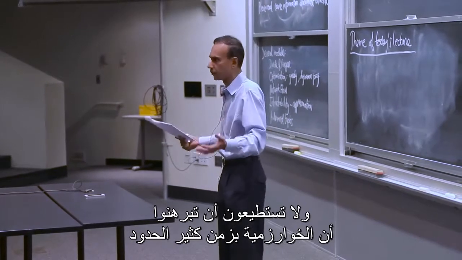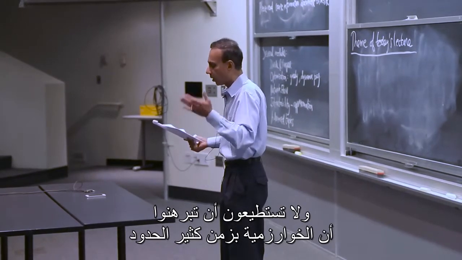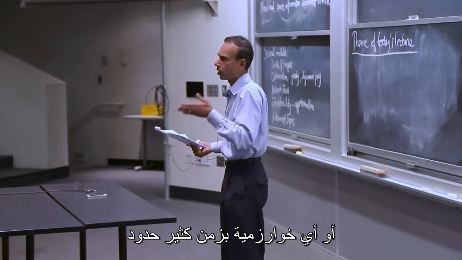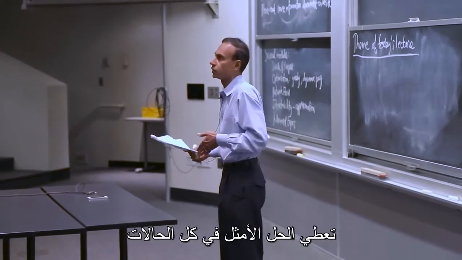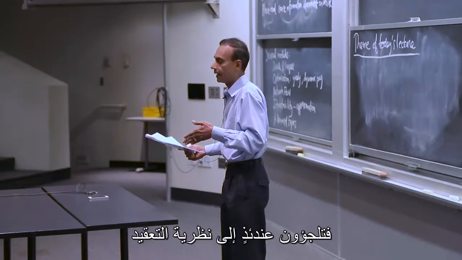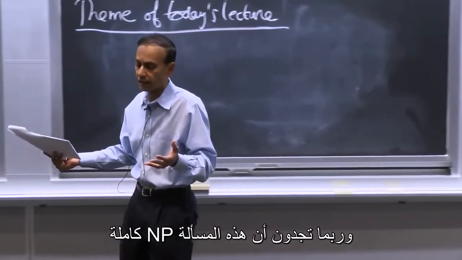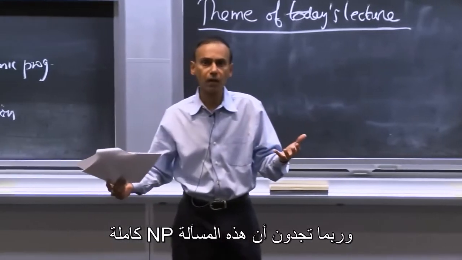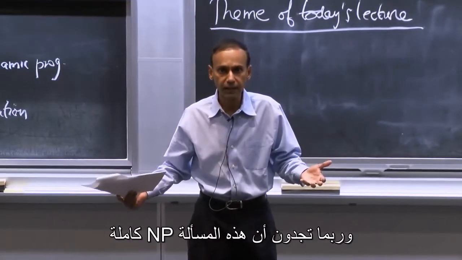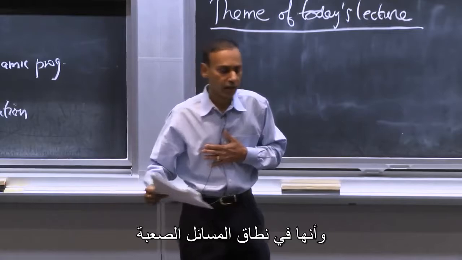You can't prove that any polynomial time algorithm gives you the optimal solution in all cases. And then you go off into complexity theory. You maybe show that this problem is NP complete, and now you're in the intractability domain.